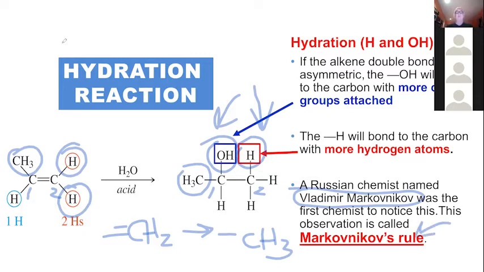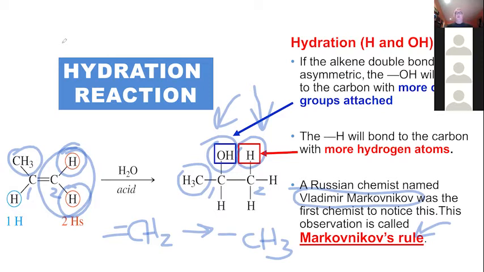And so we'll be using this a lot to predict which carbon is going to get the hydroxyl group and become an alcohol and which carbon won't. One easy way to remember is wherever there are hydrogens, they're going to get more hydrogens. So we have CH2 here. Well, it's going to be CH3, and that's always the case.